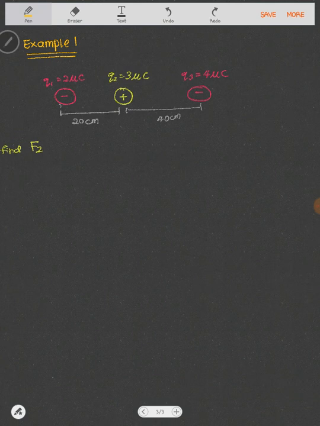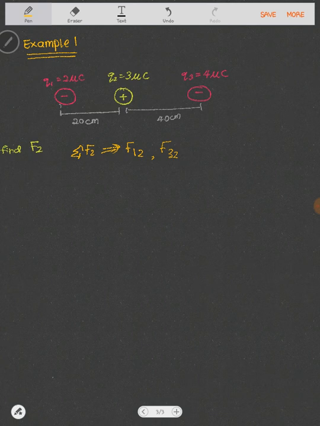So maksudnya, it is between the net force of F2, dia akan ada between F12 dengan F32. Force exerted by 1 on charge 2 and force exerted by charge 3 on 2. So you get F2 later onwards.